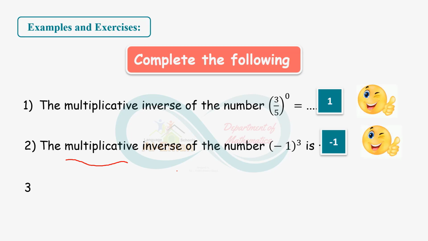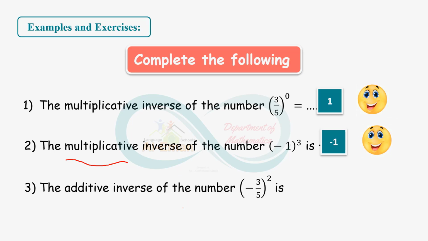Question number 3. The additive inverse of the number -3 over 5 all to the power 2 is... The additive inverse is the number that, added to our number, gives 0.